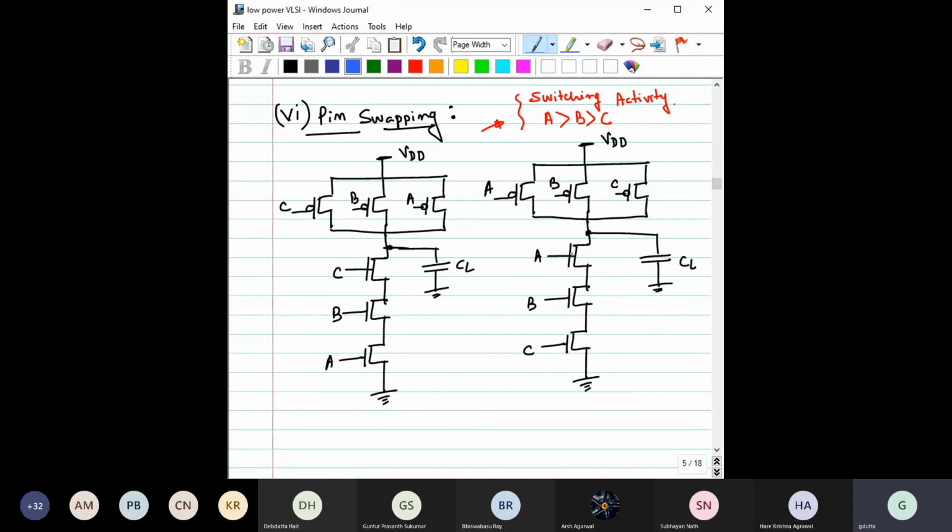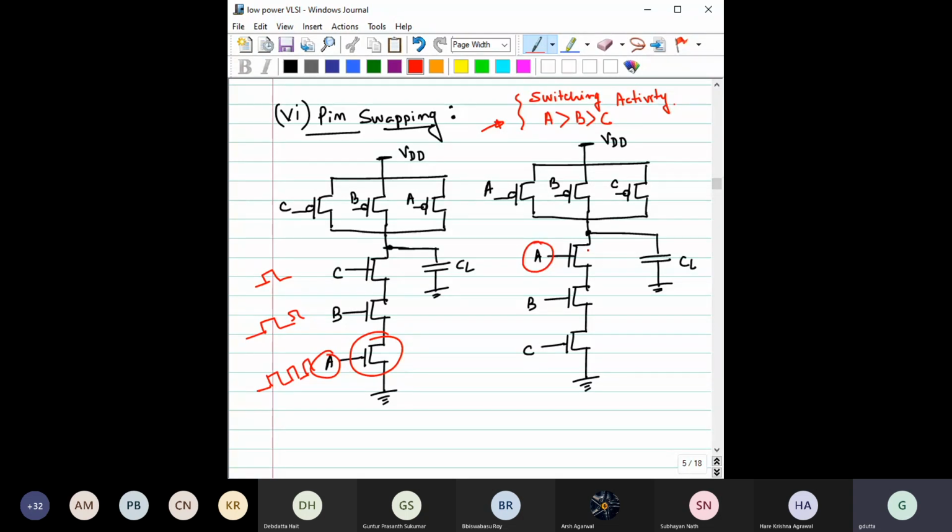The next technique is called pin swapping. In pin swapping, suppose the switching activity of A is highest compared to B and compared to C. That means input A changes quite fast compared to input B, and even compared to input C. Then you could assign input A to this transistor, or maybe your friend can assign input A to this other transistor.